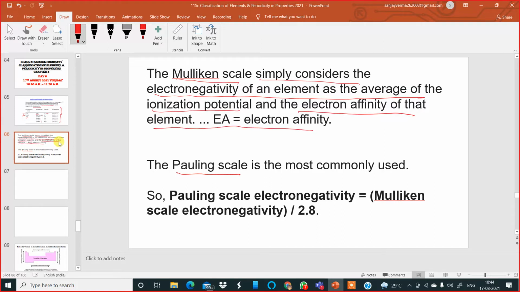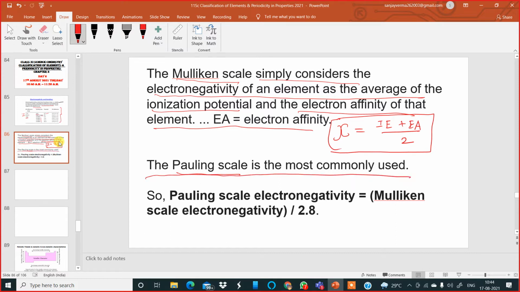This is the formula to get the electronegativity of an element on the basis of the Mulliken scale. But the more consistent, better one, the Pauling scale, is most commonly used. The Pauling scale of electronegativity is equal to the Mulliken scale divided by a factor 2.8. I'll come to this in detail now.